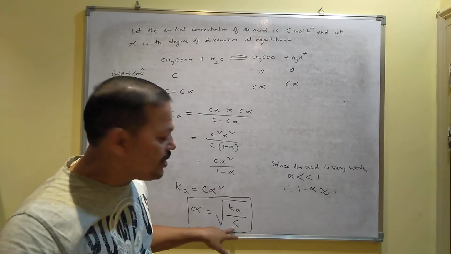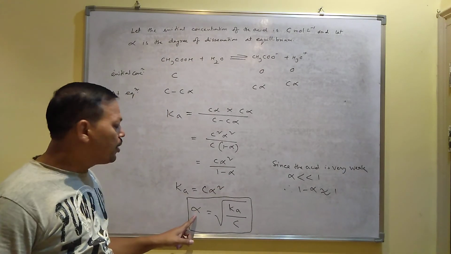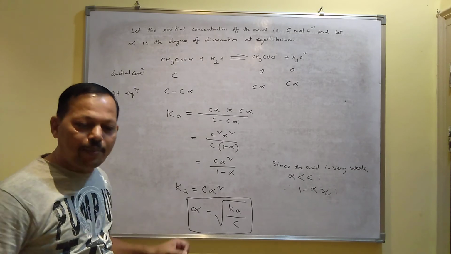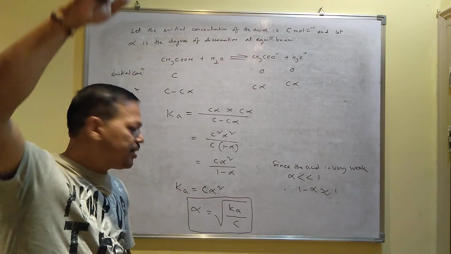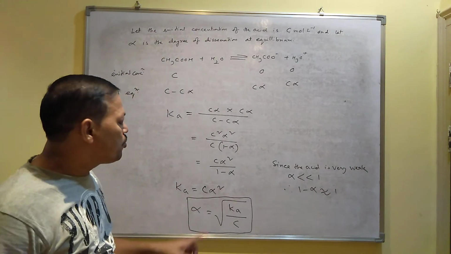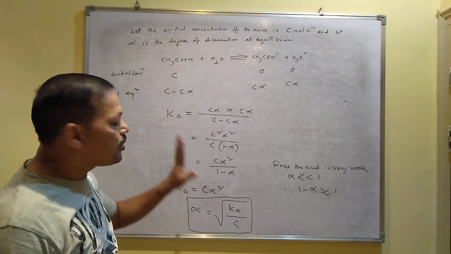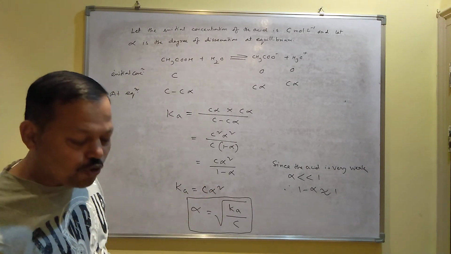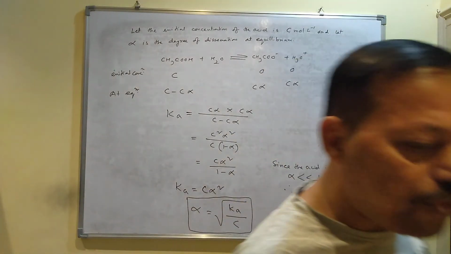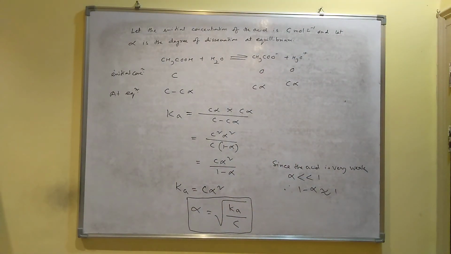Concentration keeps decreasing, so the degree of dissociation keeps increasing. I mean, as the amount of water keeps increasing, the degree of dissociation keeps increasing, and this is called the Ostwald Dilution Law. So according to Ostwald Dilution Law, for a weak electrolyte, the degree of dissociation is inversely proportional to the concentration. If concentration is more, degree of dissociation will be less. This is called the Ostwald Dilution Law.